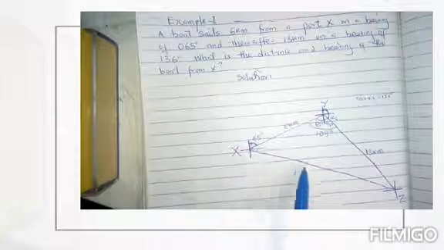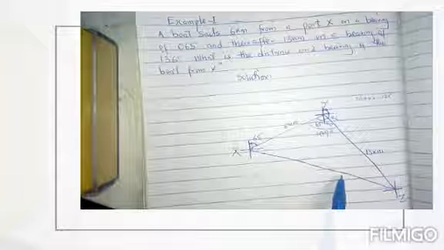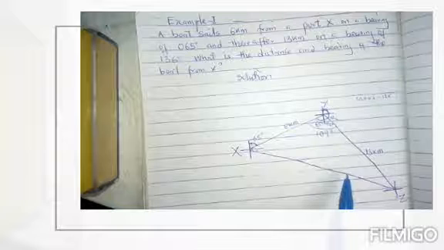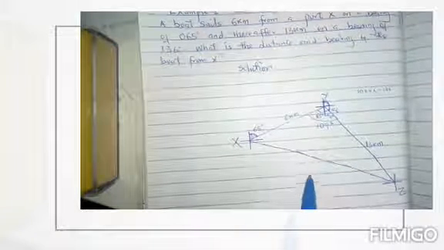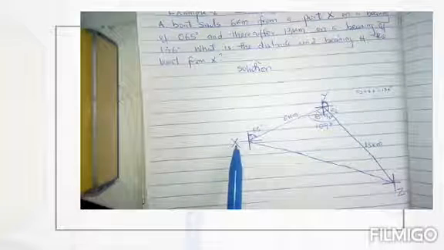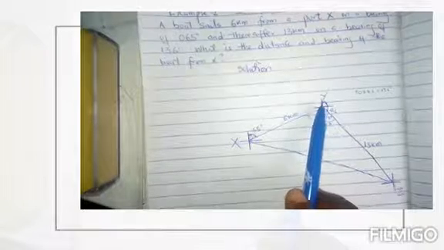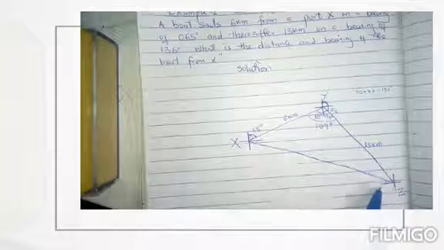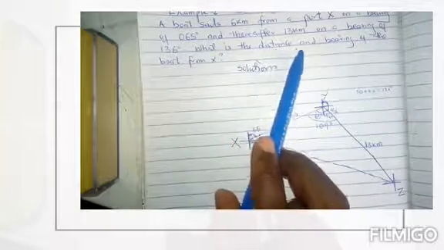Definitely it is the last leg of the triangle that is unknown. So what you do, don't forget the boat is here. The boat left from port X to port Y, thereafter from port Y to port Z. The question is now, what is the distance and bearing of the boat from X?